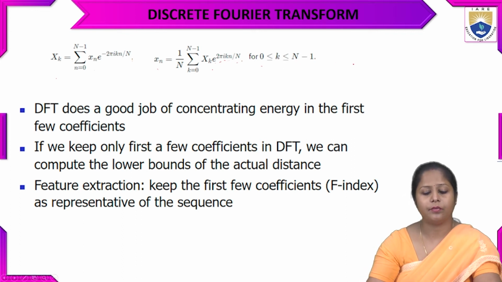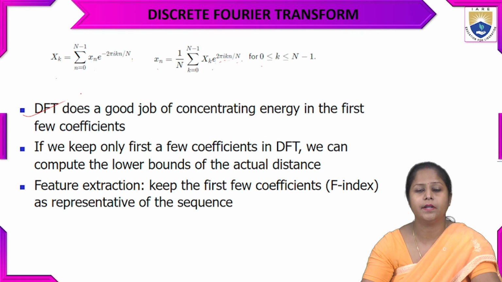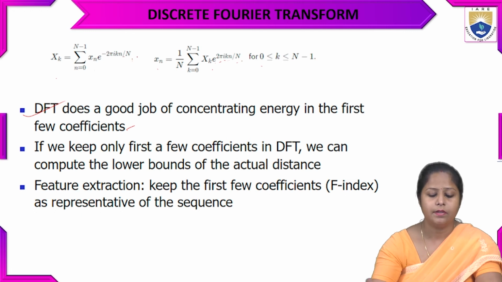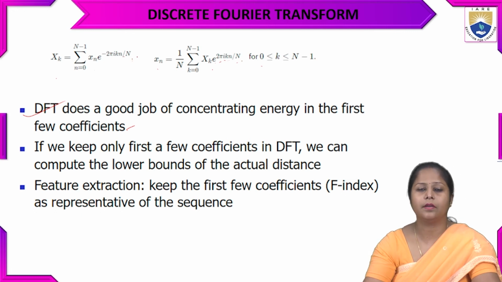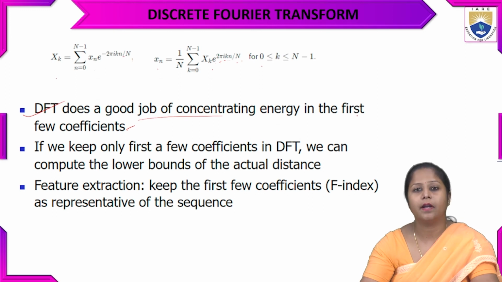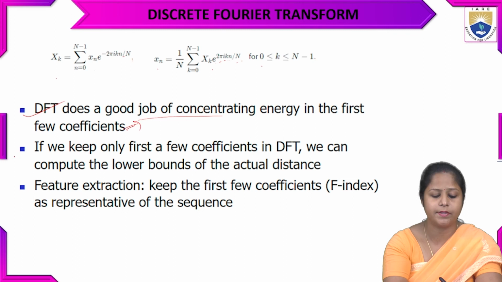For the discrete Fourier transform, it does a good job of concentrating energy in the first few coefficients, right? So these are the coefficients here. If we calculate the Fourier transform for that, we will get the energy concentrated in a few of the coefficients.